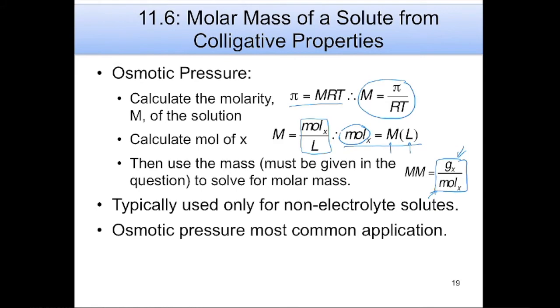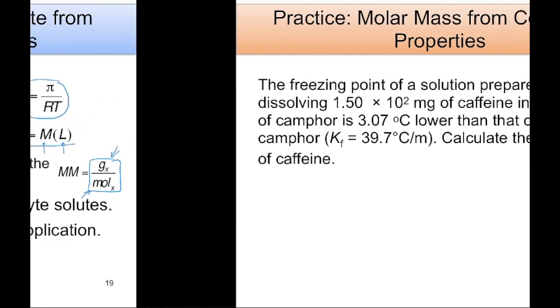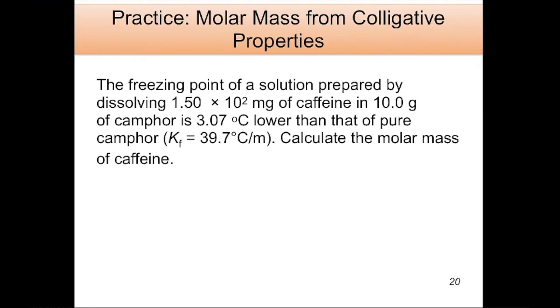Now typically this is only used for non-electrolytes, so for solutes that don't break up in solution, because we wouldn't necessarily know what that Van't Hoff factor is, if it's close to the theoretical Van't Hoff factor or not, so that would affect our molar mass. Osmotic pressure is the most common application, but it can also be done using freezing point depression and boiling point elevation. Okay, so let's just go through one practice question here.